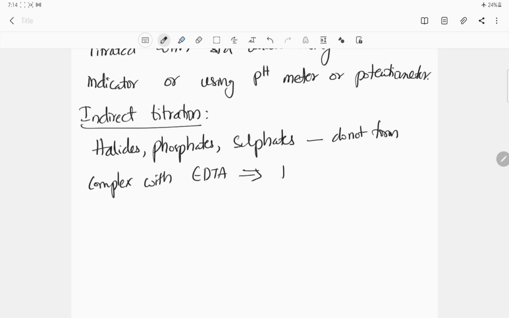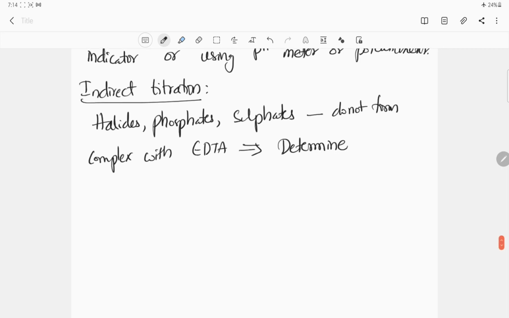So we are going to determine the ions which are not forming a complex with EDTA.